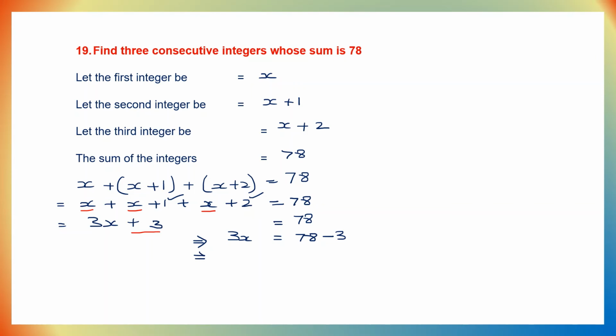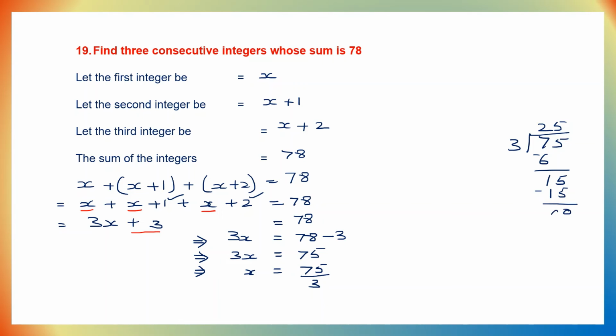So 3x is equal to 75. Therefore, we find x by dividing 75 by 3. 3 2s are 6, minus, 1 and 5. 3 5s are 15, so I've got 25. So the value of x is 25.